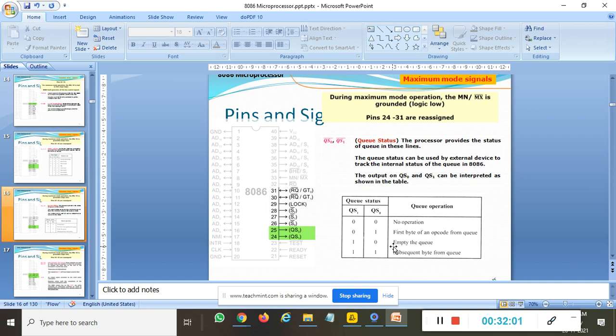But when QS1 is 0 and QS0 is 1, the first byte of an opcode is fetched from the Q. And when both values are high, meaning 1, 1, the subsequent bytes from the Q are fetched.